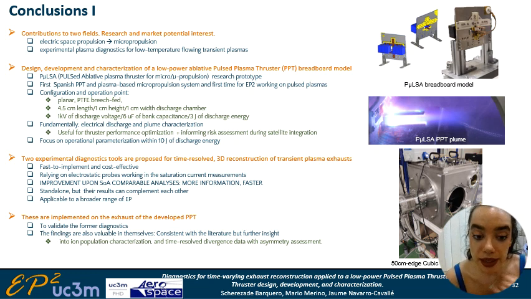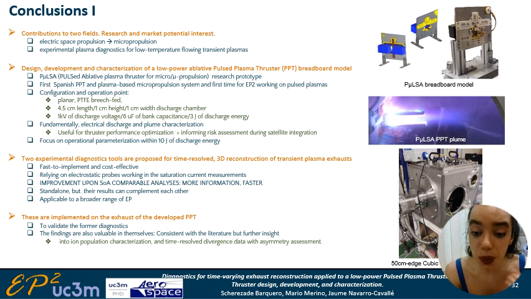These two techniques have been implemented on the plume of the developed PPT, serving two purposes. First, to validate them, but also the findings are valuable in themselves, because they are consistent with the literature, but at the same time they provide new insights.